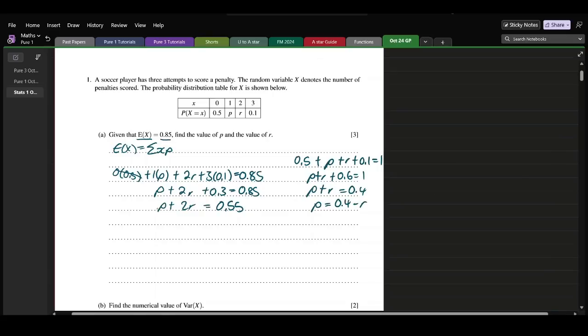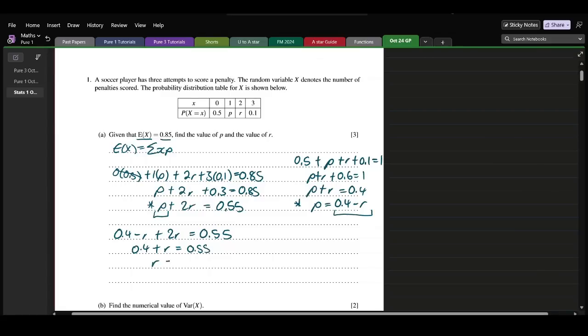Now we've got two equations in terms of p and r, so we can simply solve them simultaneously to evaluate both p and r. In our second equation, we made p the subject of the formula, so you can substitute p over here with 0.4 minus r. So 0.4 minus r plus 2r is equal to 0.55. So that's 0.4 plus r is equal to 0.55.